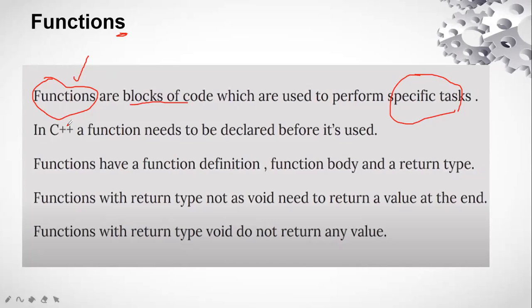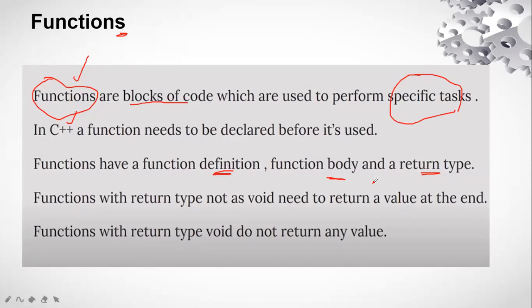Now the same concept is used in C++ also. This is nothing different in C++. With a function, we need to define the function and the function body, and every function should have a return type. Up till now we have done so many programs in which we write main again and again, using braces.